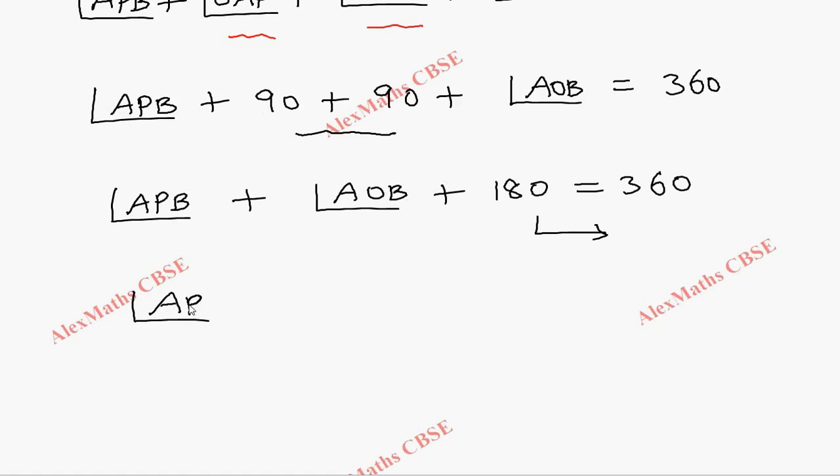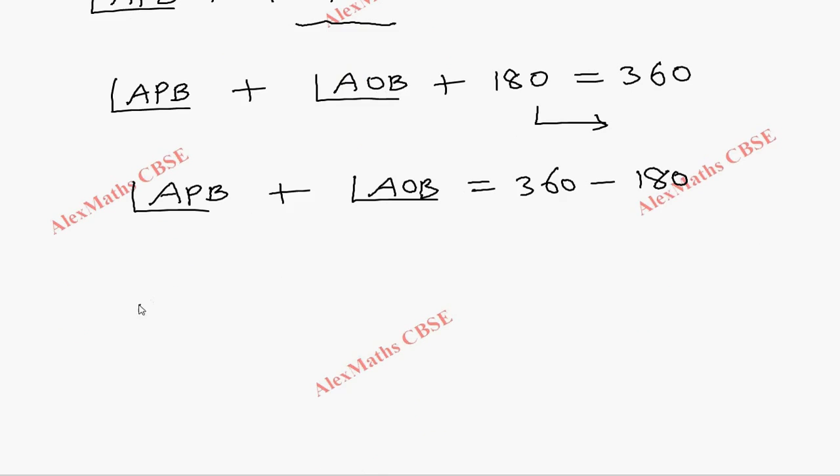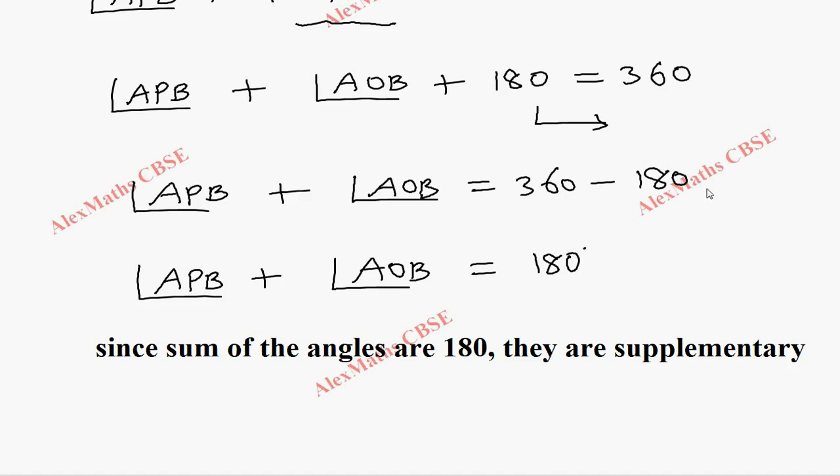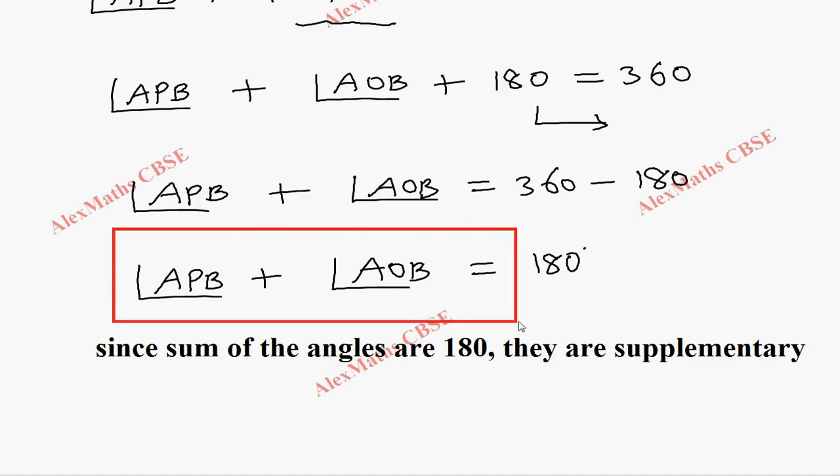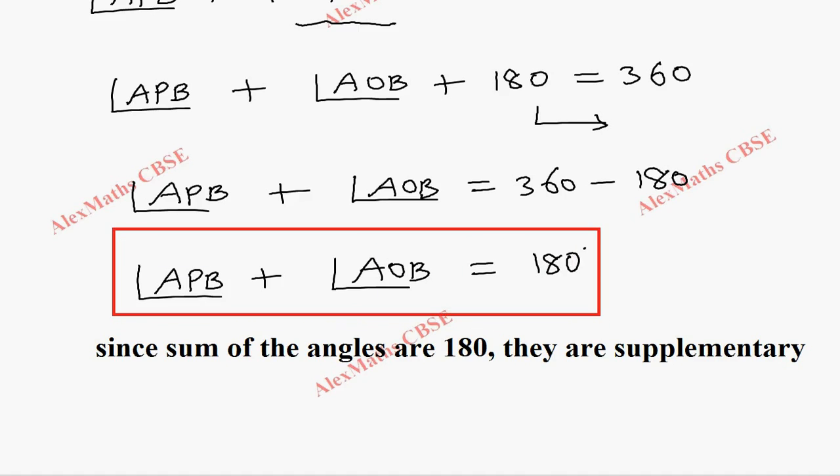Now angle APB plus angle AOB equal to 360 minus 180. After subtraction we get 180. So angle APB plus angle AOB equal to 180. Since the sum of the angles is 180 degrees, they are supplementary. Hence proved.